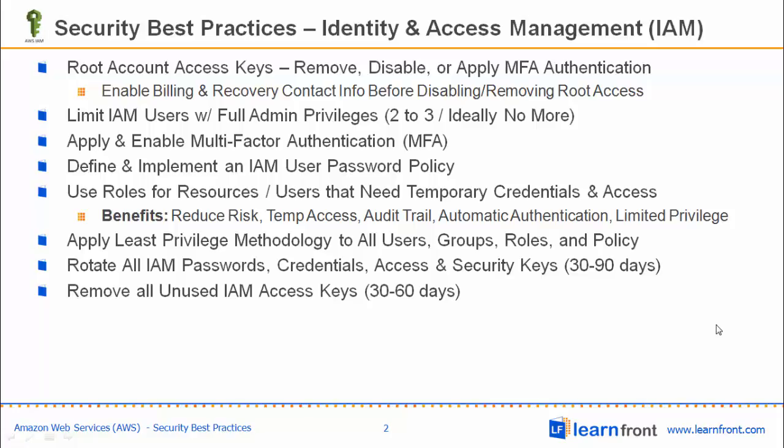So one mechanism of doing that is you can remove and or disable the access keys, which would ultimately disable some of the remote API features for that user's access. Additionally, we want to consider adding MFA or multi-factor authentication for that user, highly recommended.